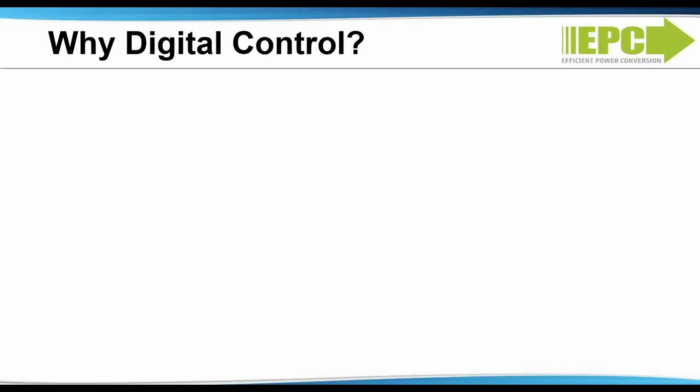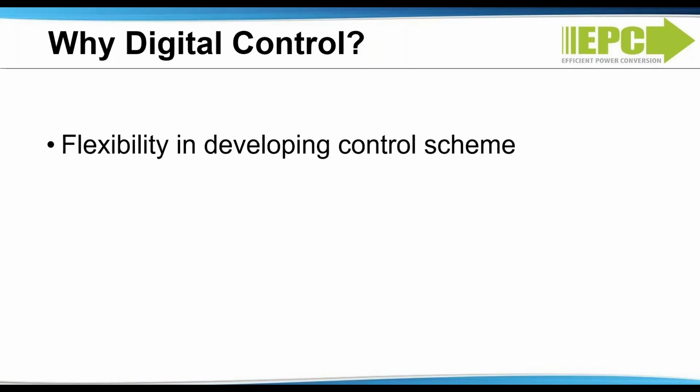Now, why digital control? Well, the ultra-thin converter design employs digital control due to its flexibility, especially in development of the complex control schemes. The three control loops, output voltage, output current, and flying capacitor voltage loops required to regulate the multi-level converter and various circuit protection functions can be easily accommodated.